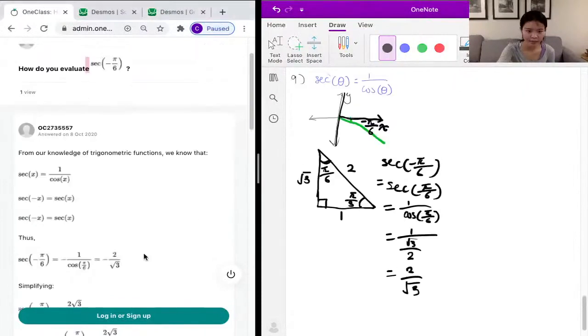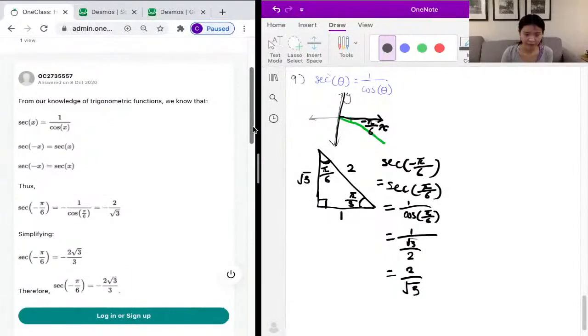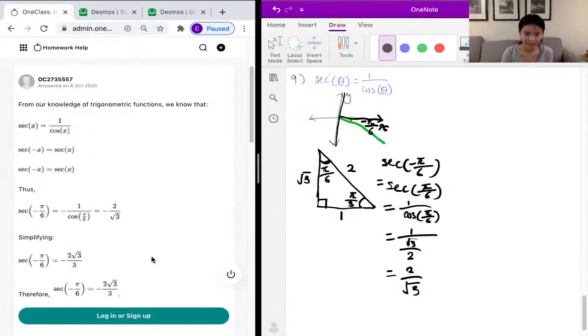Our solution over here, the sample solution, is actually incorrect because the value is actually positive instead of negative.